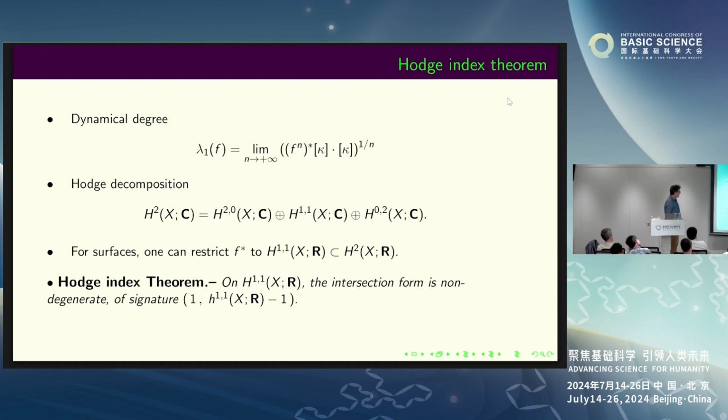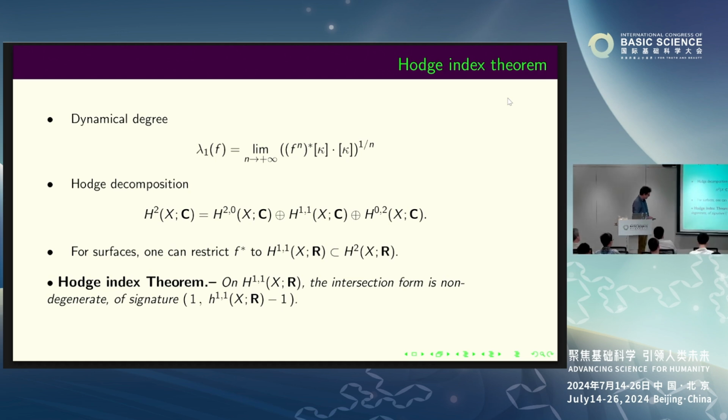And now on H11 there is this Hodge index theorem. First, there is an intersection form because it's the second cohomology group of a complex surface. So as a real manifold, it's a 4-dimensional real manifold, so you have an intersection form. If you take 2 classes in H11, you can take their wedge product and integrate on X, and you get a number.